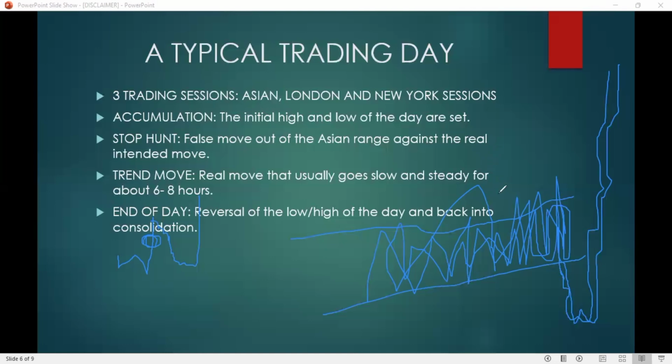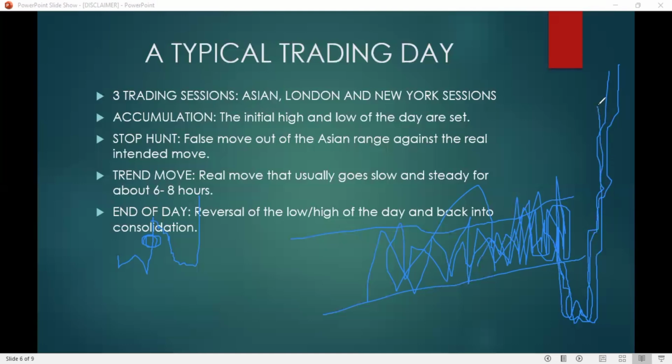Then what about the last? Then we have the end of day reversal and back into consolidation. What does it mean? This is the Asian range. The market breaks out of the accumulation, gives you a stop hunt during the London session, then starts trading the trend.